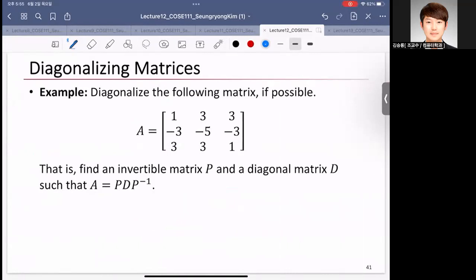Let me show one more example to help your understanding. So the question was, diagonalize the following matrix if possible. If possible. So your matrix A was 1, negative 3, 3, 3, negative 5, 3, 3, negative 3, 1.